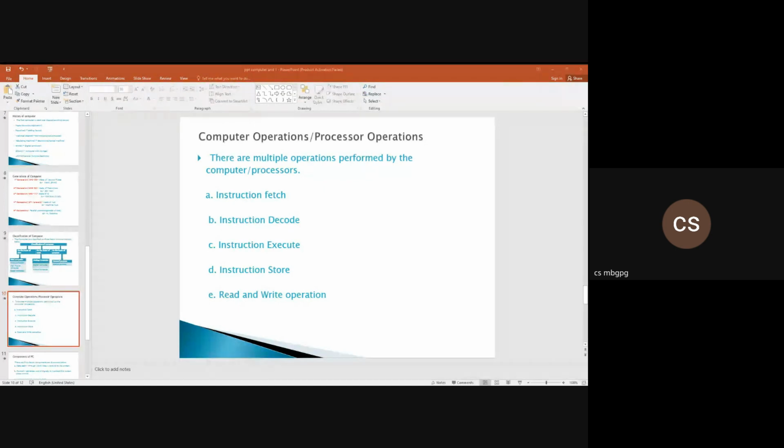After processing, when the processing is performed, we find an output. That output must be meaningful, it must be accurate, it should be available when it is required, and it must be complete. After these steps, this data processing cycle will be completed.